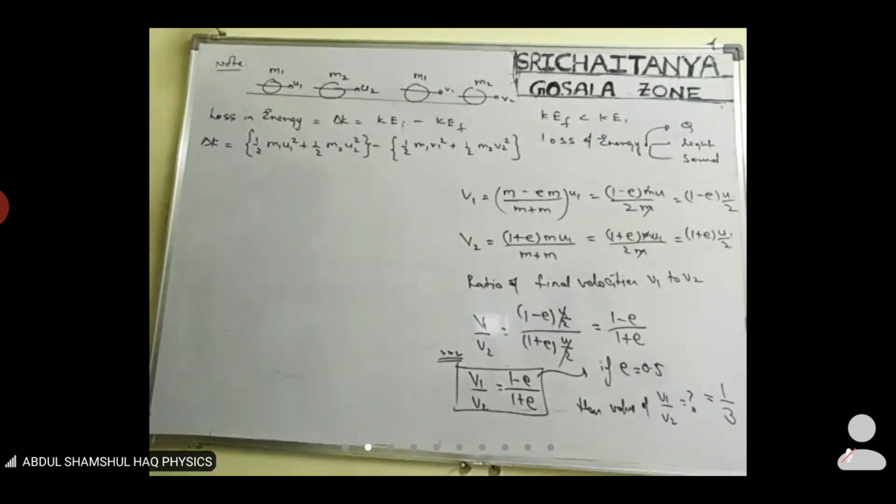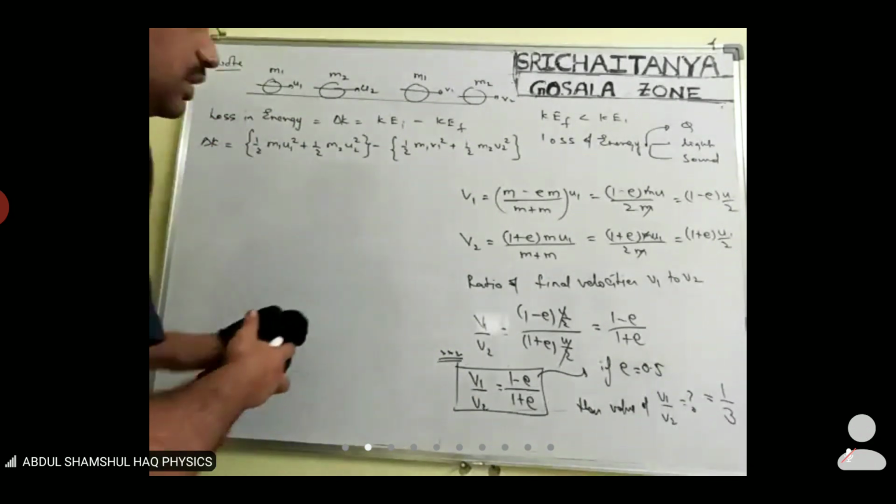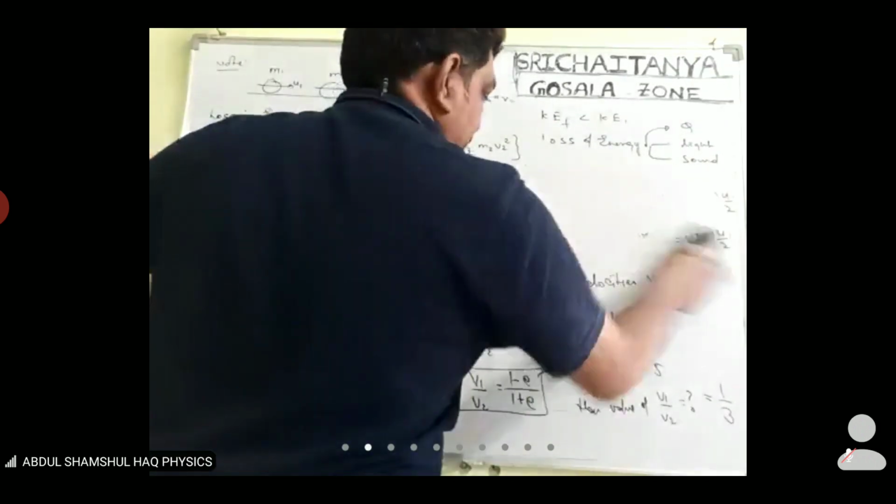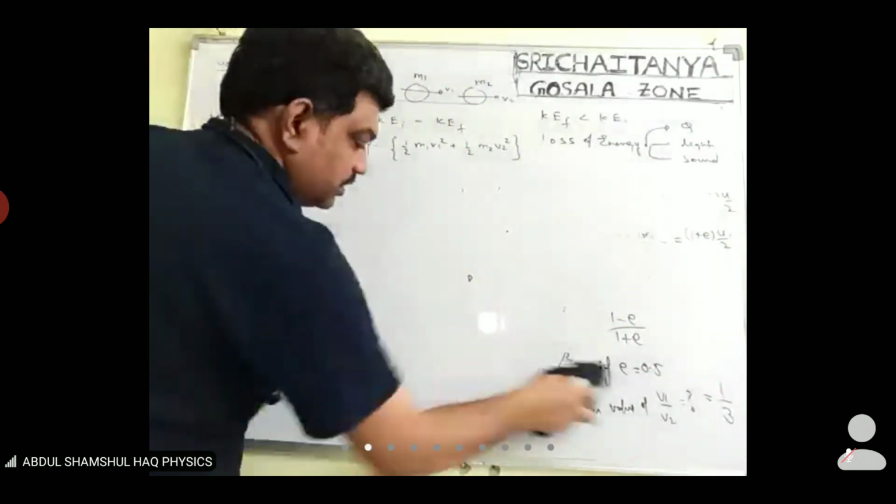Students, we know the values of v1 and v2 very well. If we put the values of v1 and v2 in this equation and do the further calculation, we get the result.